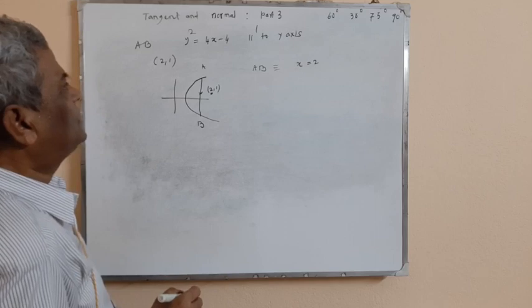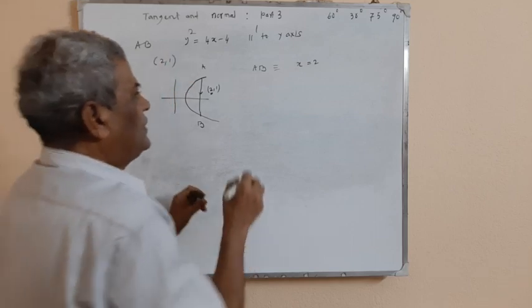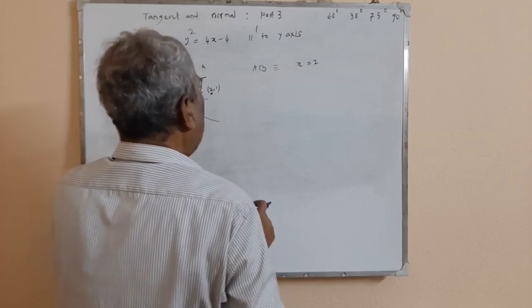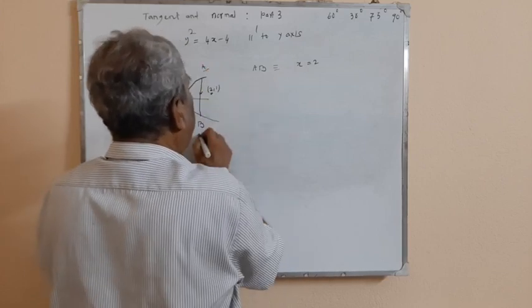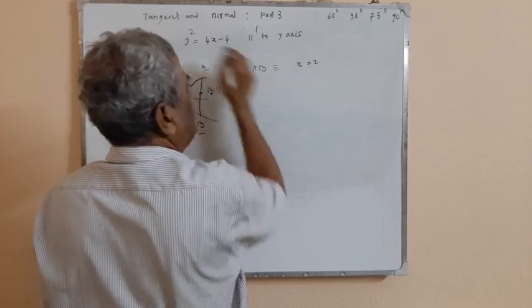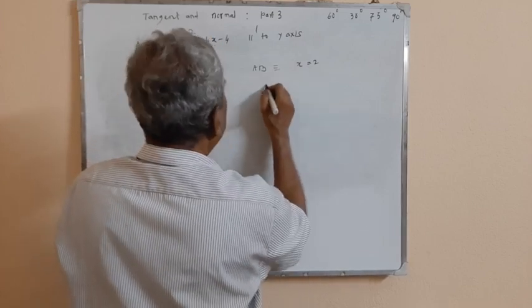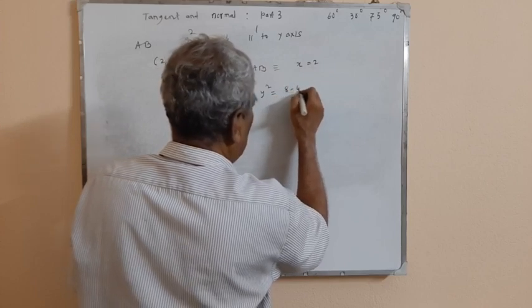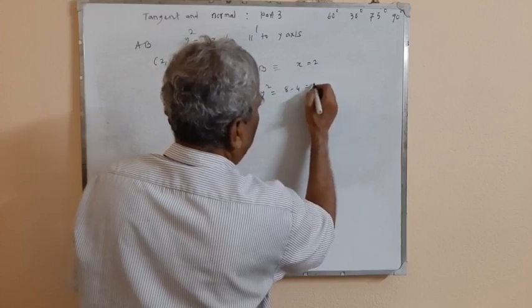So its x coordinate is 2. So the coordinates of A and B can be obtained by solving this and that. That is, y square is equal to 4x minus 4, means 8 minus 4 is equal to 4.